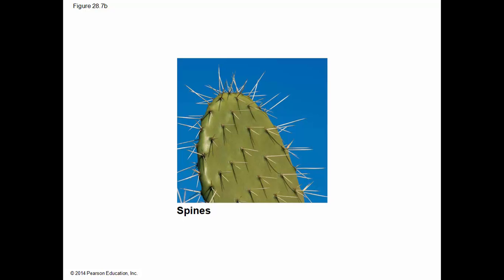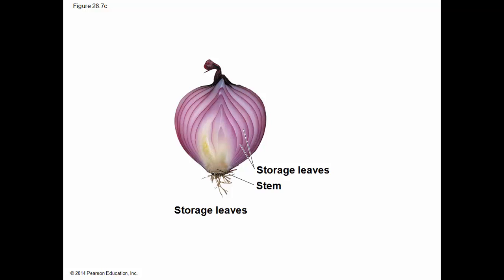Spines: the spines of a cactus, such as this prickly pear cactus, are actually leaves. Photosynthesis has been abandoned in the spines, and it is now carried out by the fleshy green stems. Storage bulbs, such as this cut onion, have a short underground stem and modified leaves that store food.